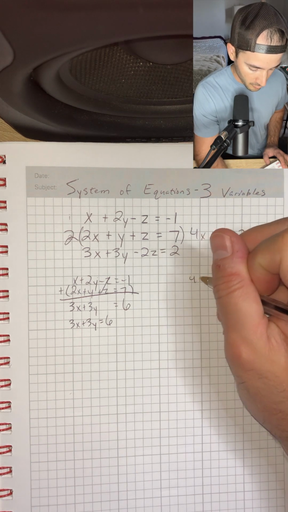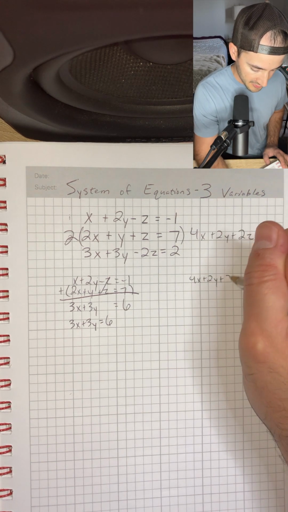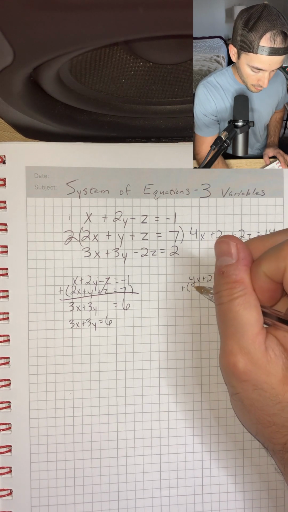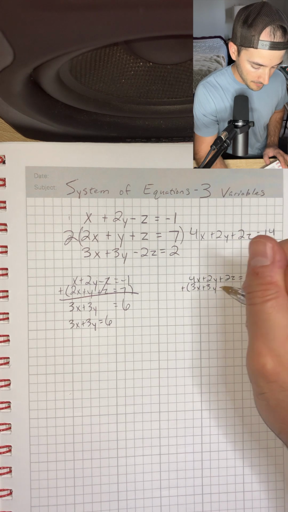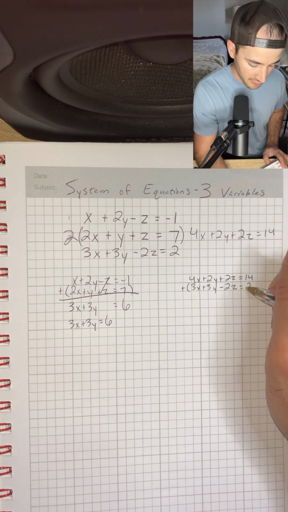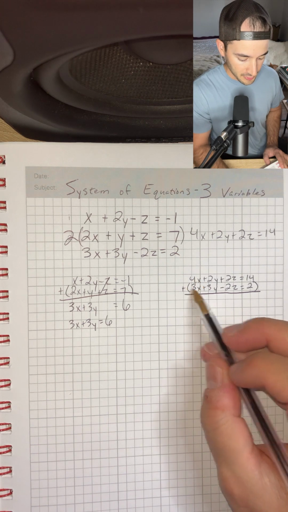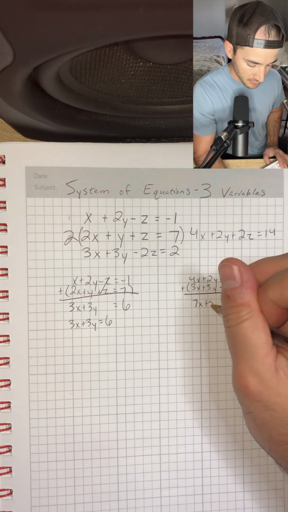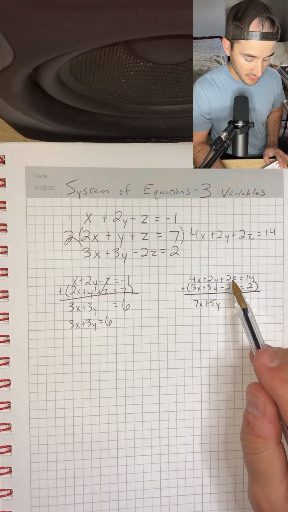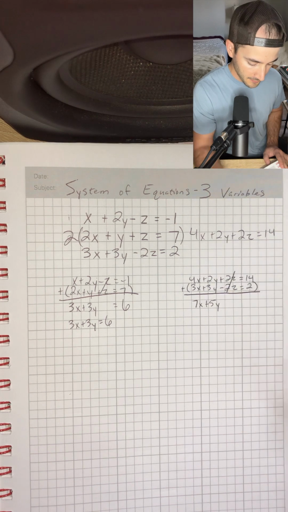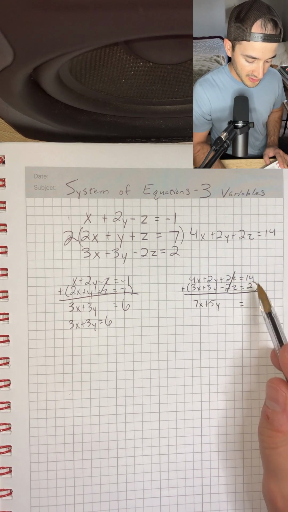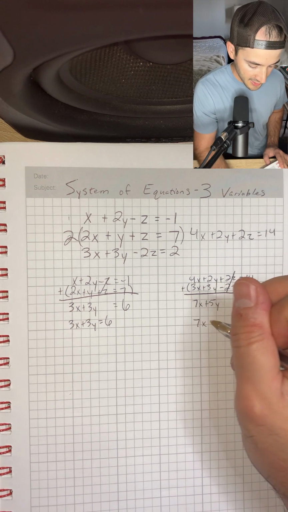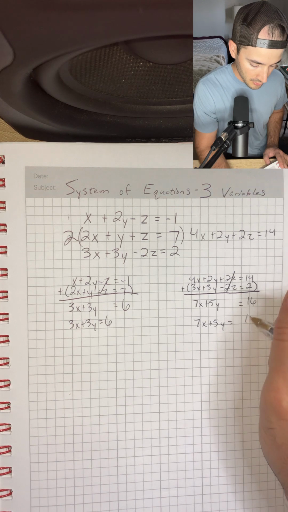So we're going to have 4x plus 2y plus 2z is equal to 14. We're going to add 3x plus 3y minus 2z is equal to 2. Once we do that, we'll have 4x plus 3x, which is 7x, 2y plus 3y, which is plus 5y, and then 2z and negative 2z cancel, and then that's equal to 14 plus 2, which is 16. Okay, so our second equation is 7x plus 5y is equal to 16.